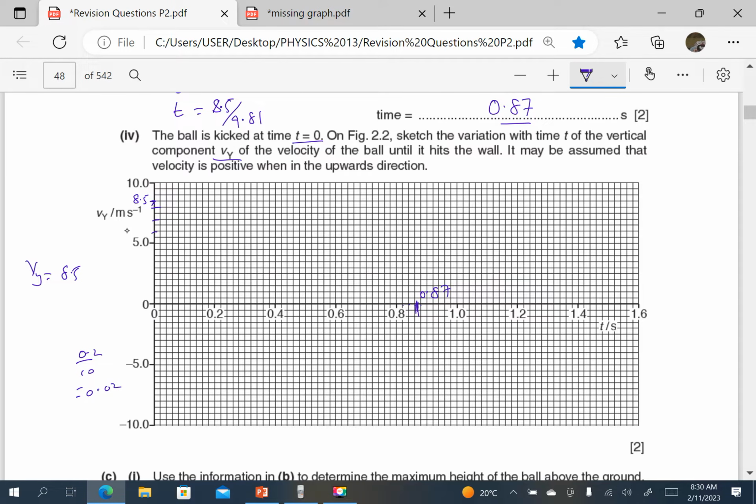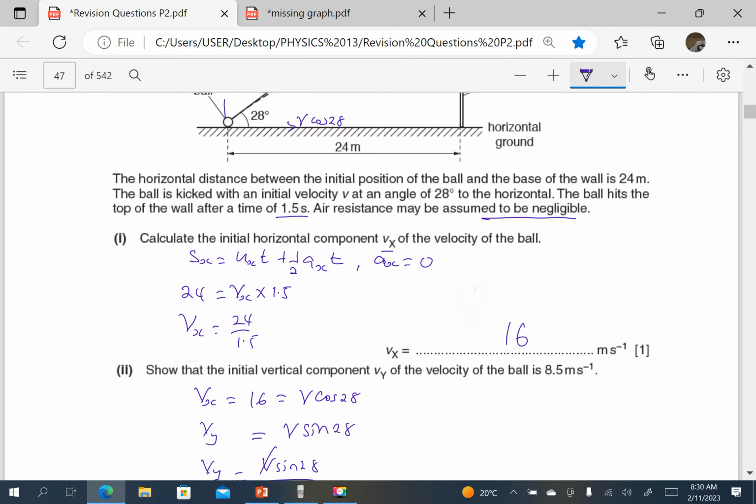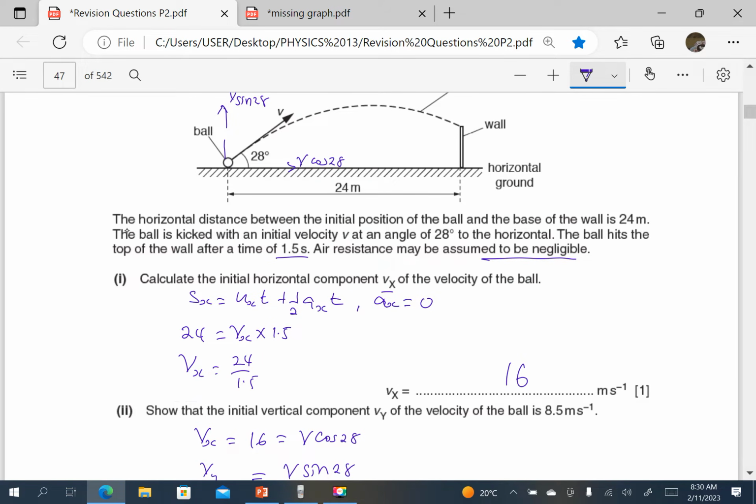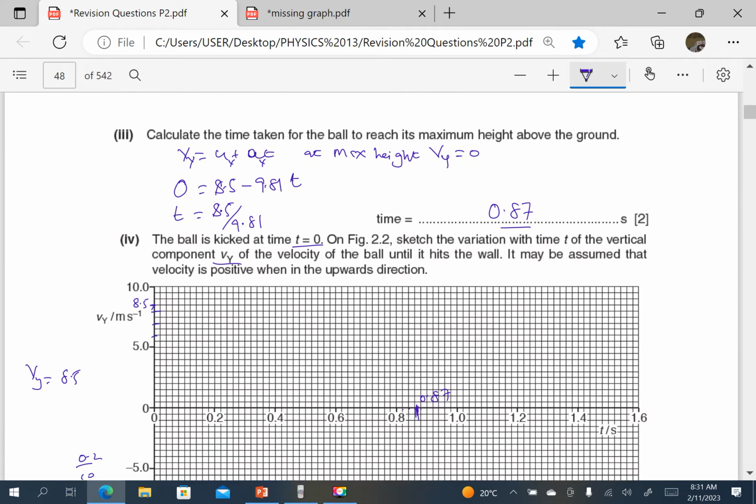The graph crosses the x-axis at that point. And remember, the ball takes a time of 1.5 seconds to hit the wall.